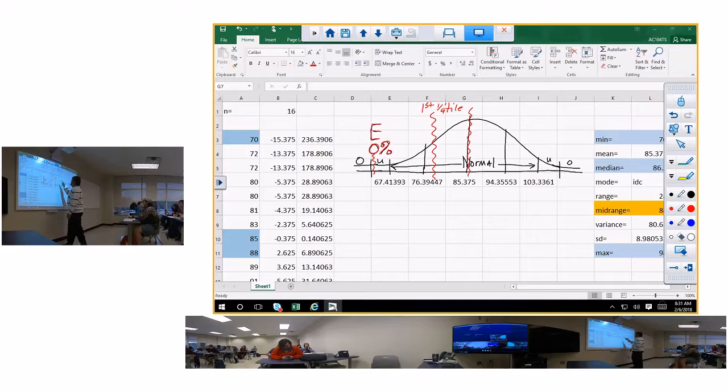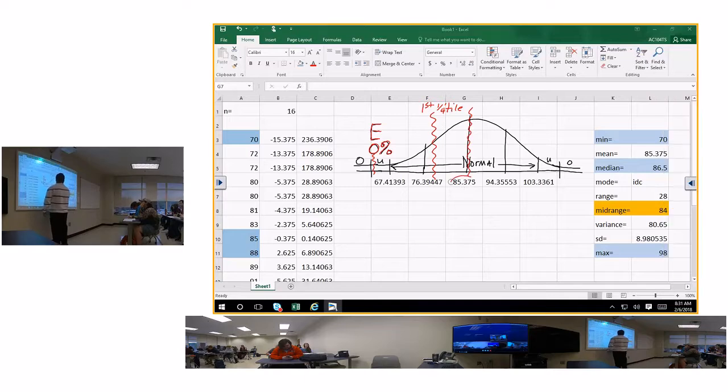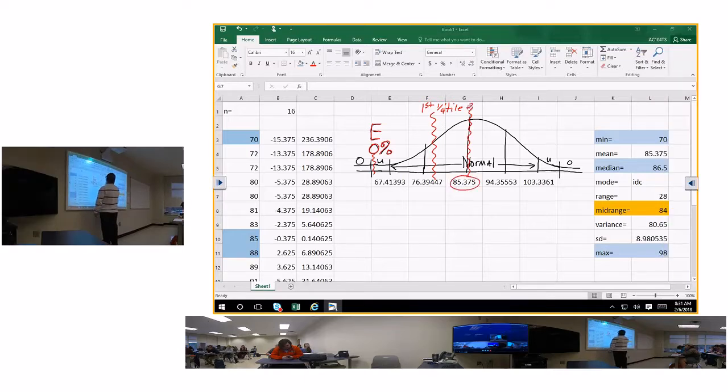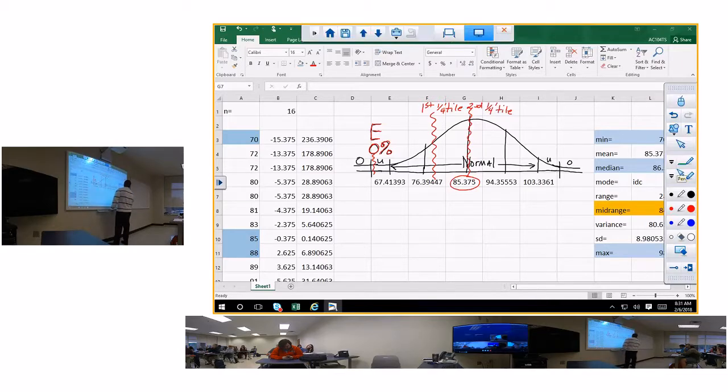So this is your median, and it's also your second what? Second quartile. Now, these also have another name. What number do you associate with a quarter? 25 cents.